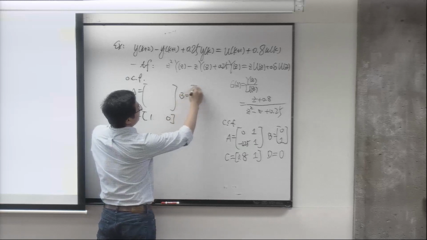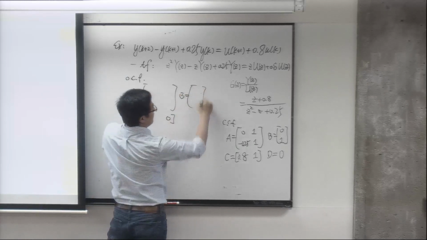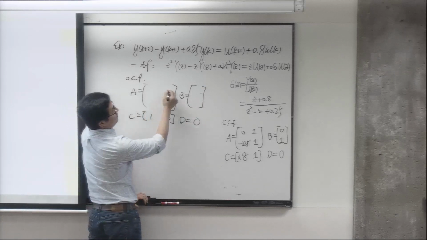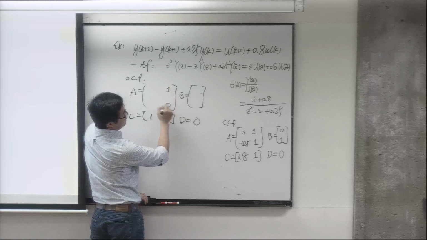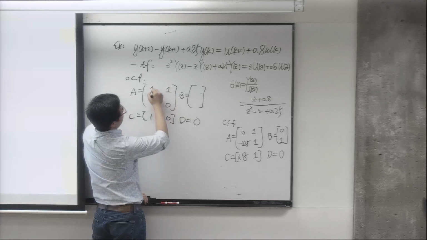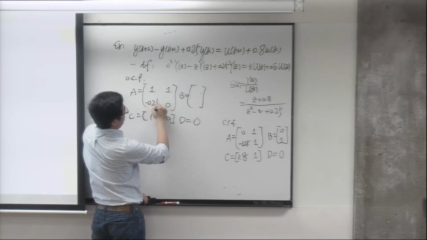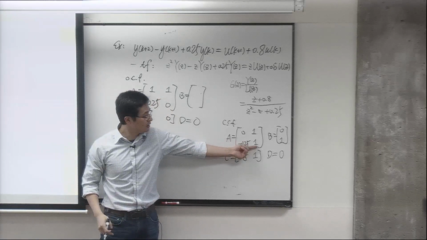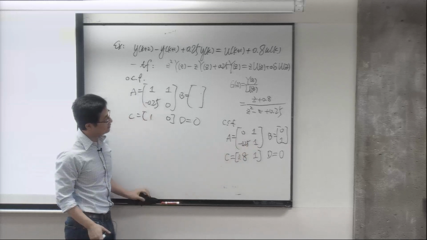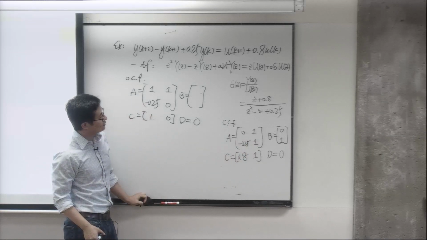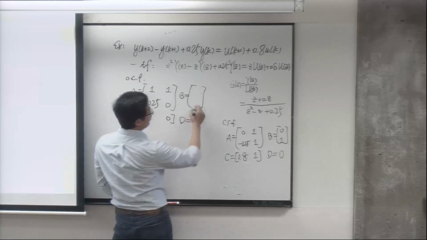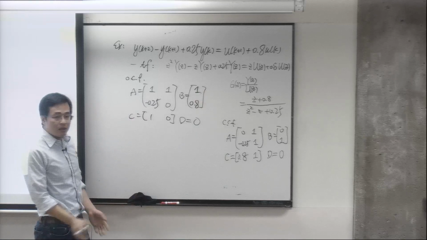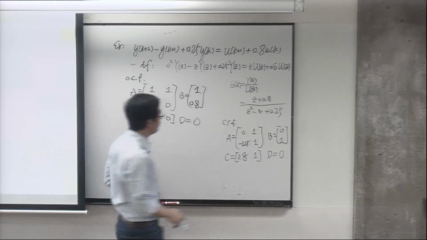Observable canonical form is 1, 0 for the C. And then in the A matrix, it's going to be 1, 0, and then 1, negative 0.25. So it's sort of like this row flips up. And then B is 0.8, 1. That's the observable canonical form. You can use the formulas.